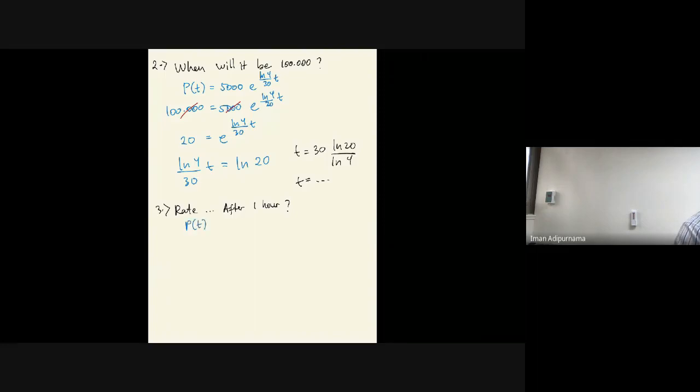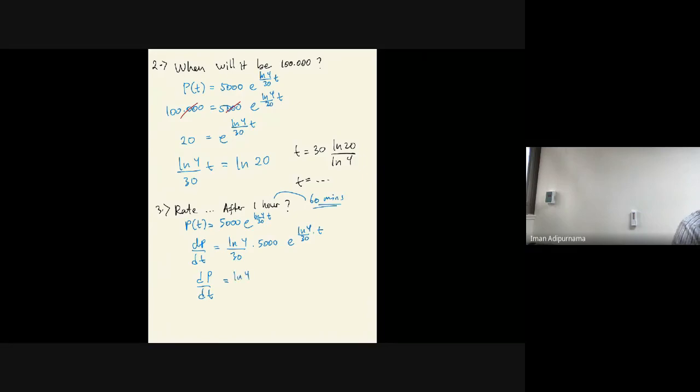So let me write P(t) and write dP/dt, which is (ln 4 / 30) times 5,000 e^((ln 4 / 30)t). Since 1 hour is 60 minutes, and I've calculated in minutes, let's use 60.